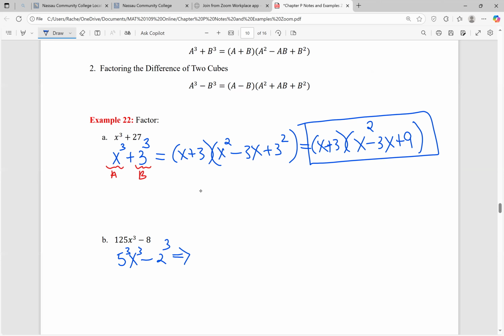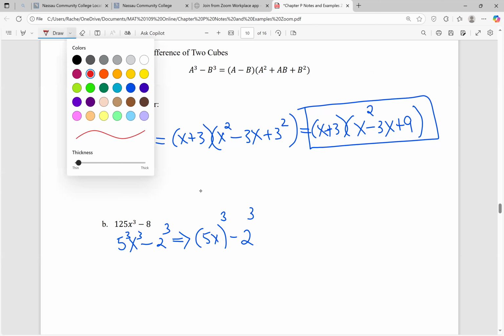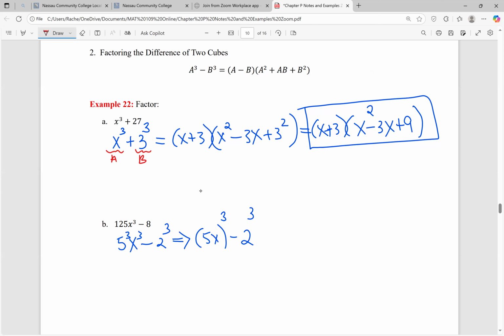And I could even rewrite 5 to the third, x to the third more simply as 5x to the third. So we have 5x to the third minus 2 to the third. So now I have the proper form for a difference of cubes. Think of this as a to the third minus b to the third, where a is 5x and b is 2.